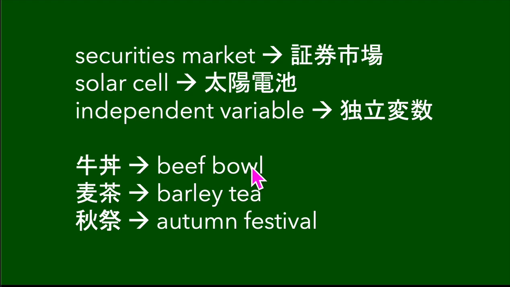And we have some examples going the opposite direction, Japanese to English as well. Words such as gyudon or mugicha or akimatsuri, beef bowl, barley tea, autumn festival. So each character is translated directly in order to make a new word. So it's quite similar to borrowing, but slightly different.